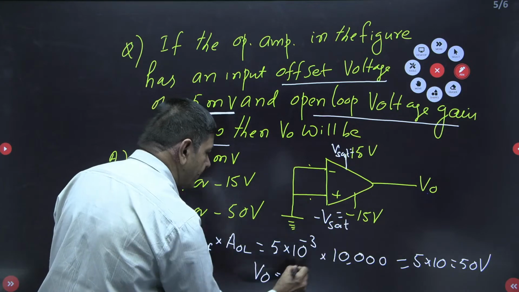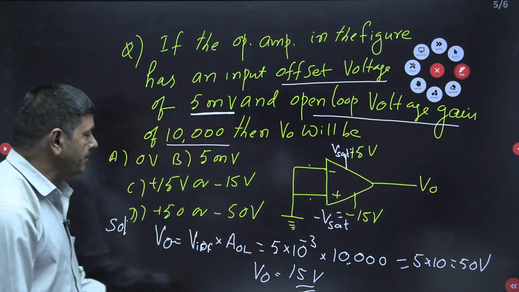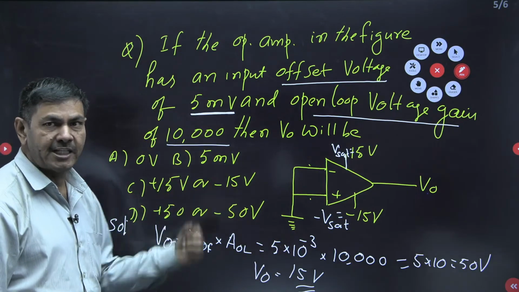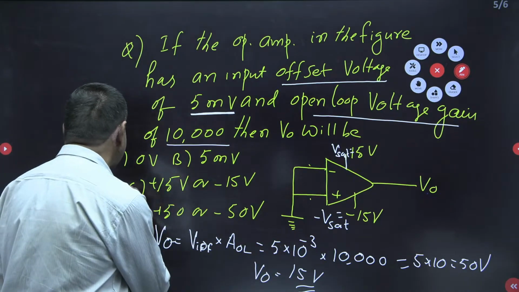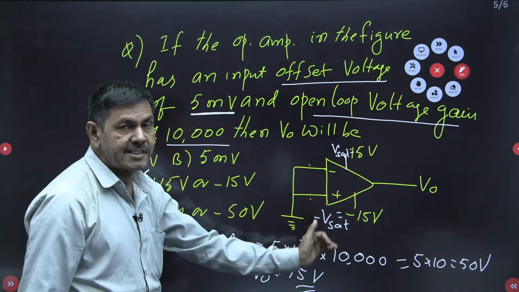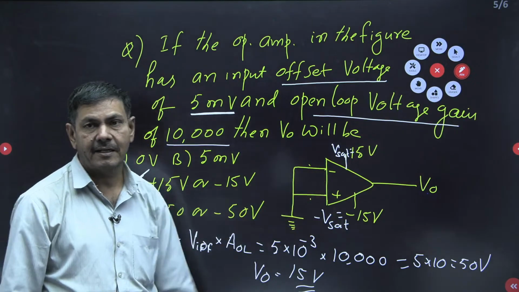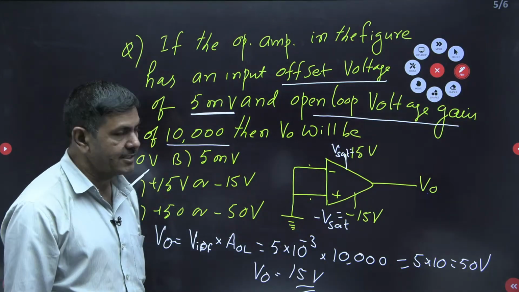It will give only 15 volts. So option C is the only correct one here. Plus Vsat or minus Vsat is possible, and within that range only it is possible. The rest of the voltage will be truncated. That is the answer for this question.